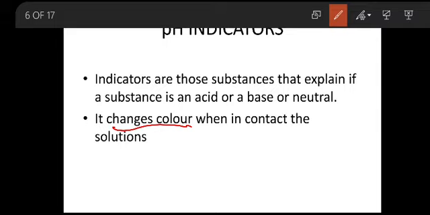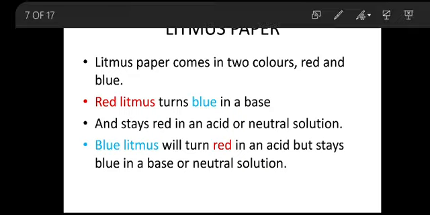Okay, children. The next indicator which we are going to deal with and which we use in our chemistry lab also is your litmus paper. Litmus paper is also a natural indicator which is obtained from lichens, which is naturally originated, and it comes in two colors as red and blue color papers.